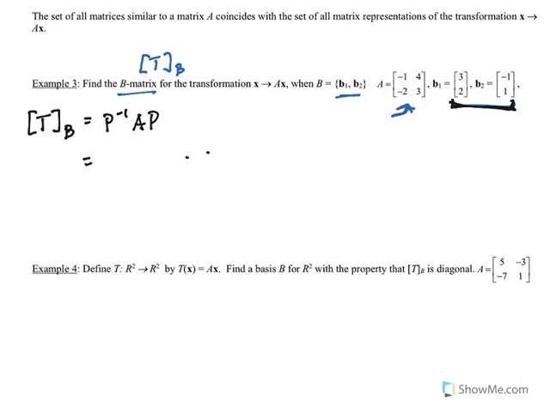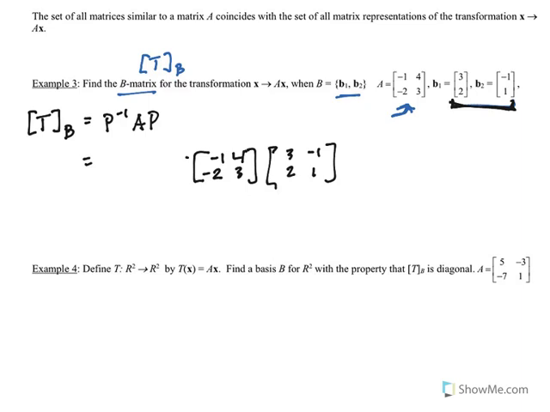Maybe I'll give myself a little room for P inverse. So I'll put in A: -1, -2, 4, 4, 3. I put in P, which is made up of the columns, or these basis vectors: 3, 2, -1, 1. And now P inverse. Well, I've got to do a little inverse here.